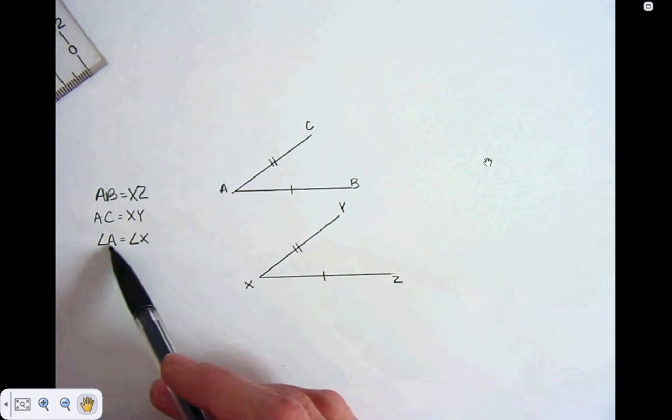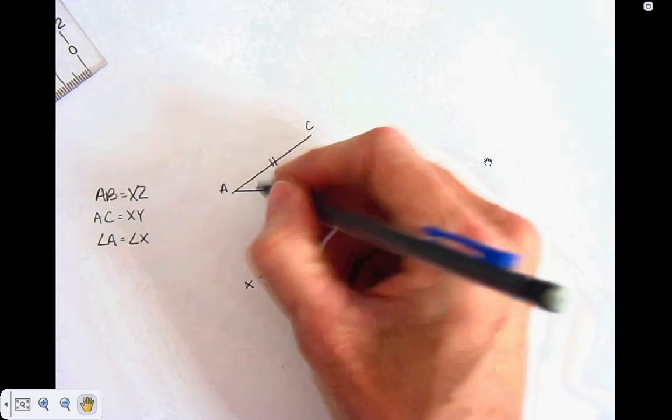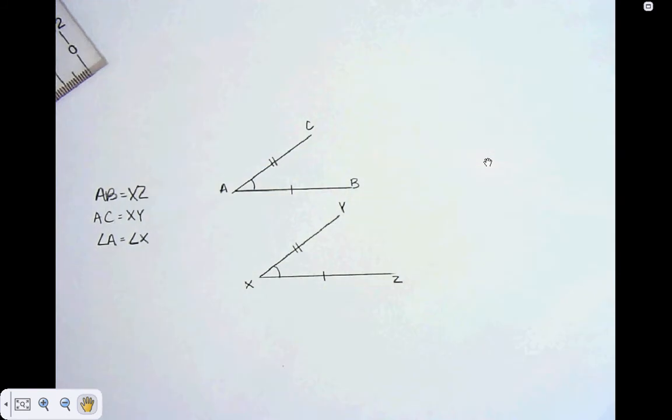Now we're also given that angle A is the same as angle X. So even though I didn't measure this, by the fact that we're told that these are the same, we will mark these with single arc marks to show that they are congruent.